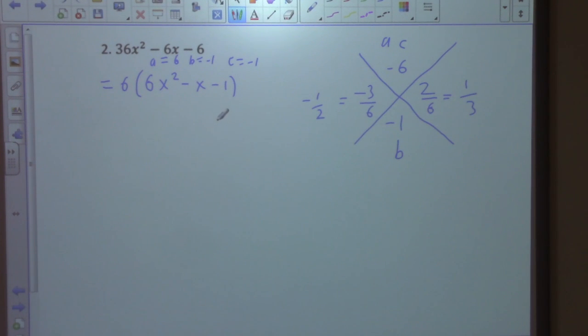So now we take this x minus 1/2 and this x plus 1/3, and now is where we use the bottoms up. So this 2 is the bottom that goes up here at this x, so we have 2x minus 1, and then we bottoms up this other one here, and we have 3x plus 1.